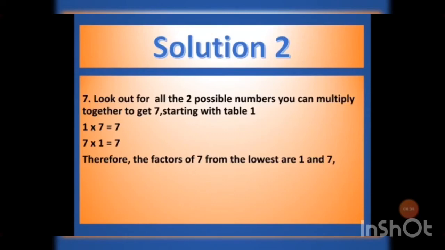So if you multiply 1 times 7, what will it give you? 7. How about if you multiply 7 times 1? It will give you 7. So these are the only 2 numbers you can multiply together to give you the number 7. So that means 1 and 7 are the factors of 7. Easy peasy.